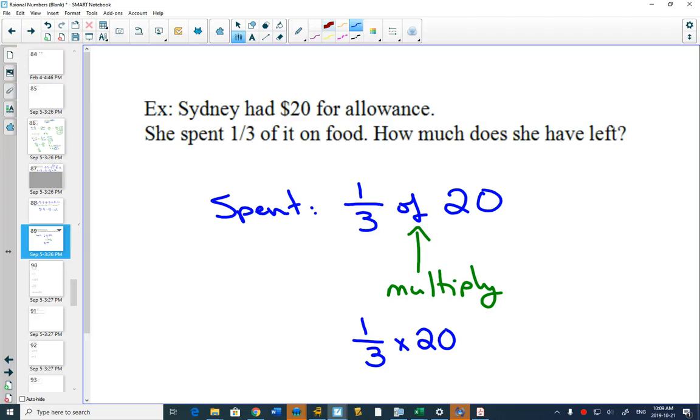How do we multiply fractions? Right, we're going to need a 1 on the bottom there to make that a fraction. Multiply the tops, 20, multiply the bottoms, over 3. 20 over 3, which as a mixed fraction is 6 2/3.